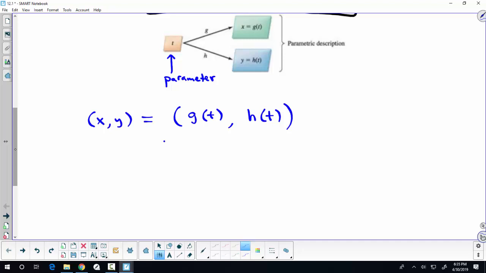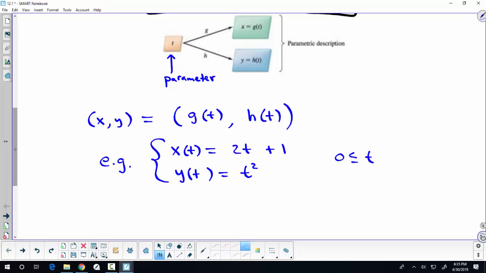In general, you would have these two coordinates, like x of t defined by some function of t, let's say 2t plus 1, and y of t, let's say, t squared, for example. And then you're given some restriction: t is between 0 and 1, let's say. So that's an example of a parametric equation.